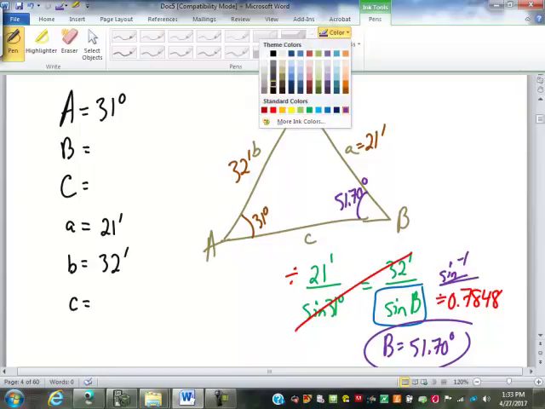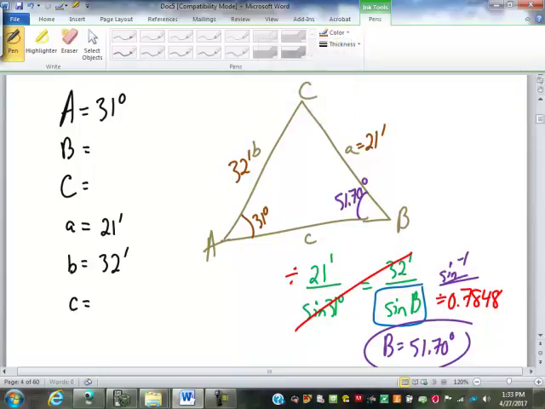Now there's a problem with what I just did. The other one here would be more than 90, bigger than 90. That's not a huge deal. But the problem is, the way I drew this picture, that has to be 51.7.